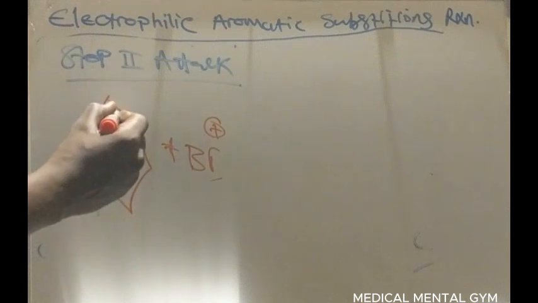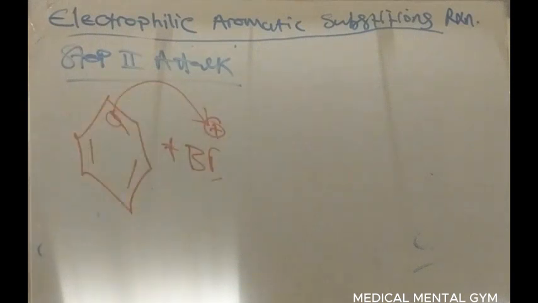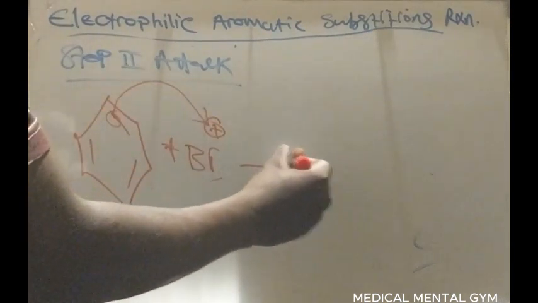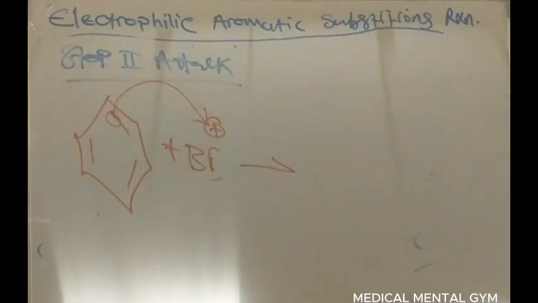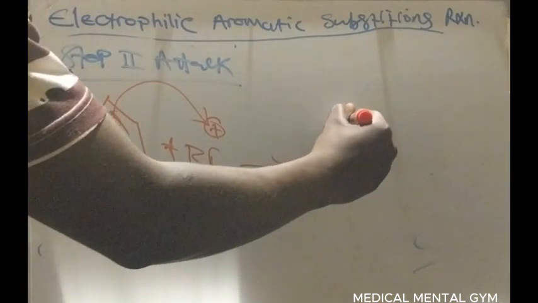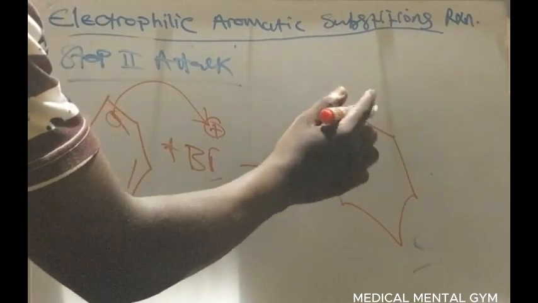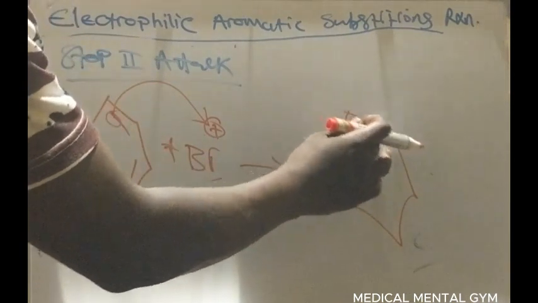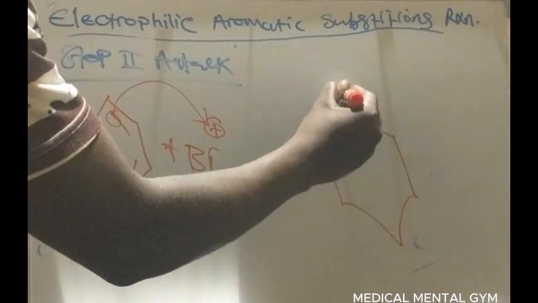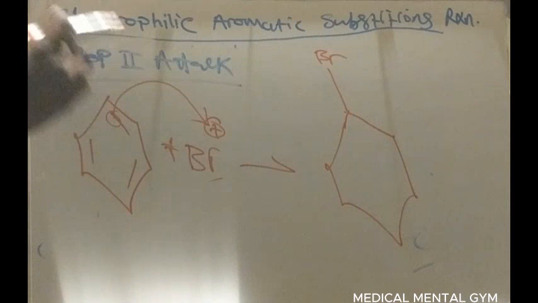I'll use this pi bond, and these pi electrons will stabilize that bromine, and as a result, this bond will break. So if this bond breaks, then we have this as our resultant molecule. The bond that existed here has been broken, and a new bond has formed with bromine here.